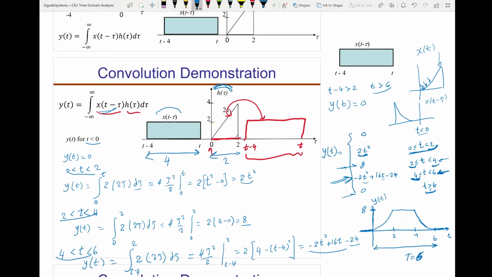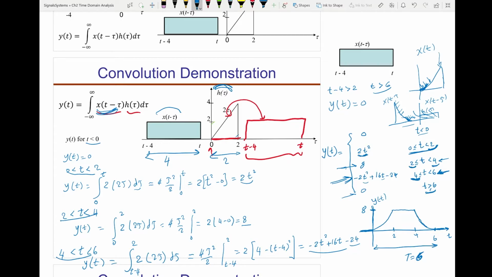So when I do the rotation, x of t minus tau, and slide it and multiply by h of tau, let's say h of tau is something like this, the system is seeing this part first, and then as I slide it further and further, as time passes by, the system starts seeing the rest of the input. That's the purpose of x of t minus tau.